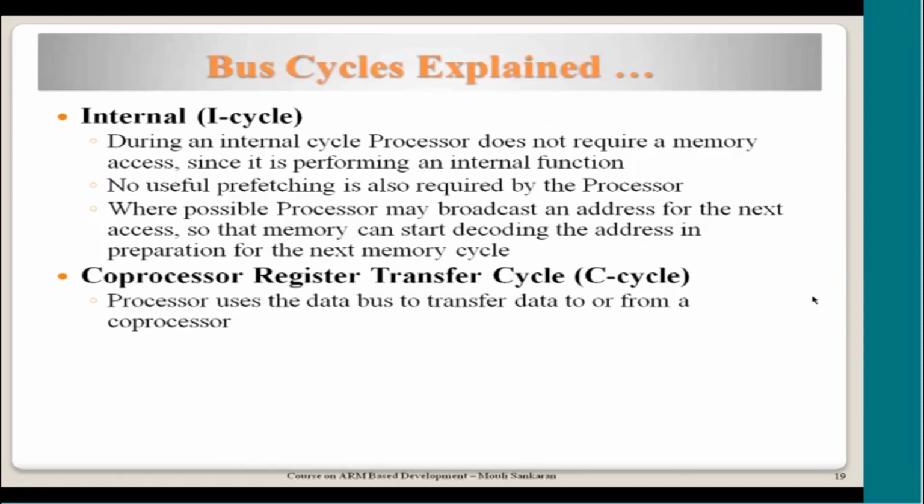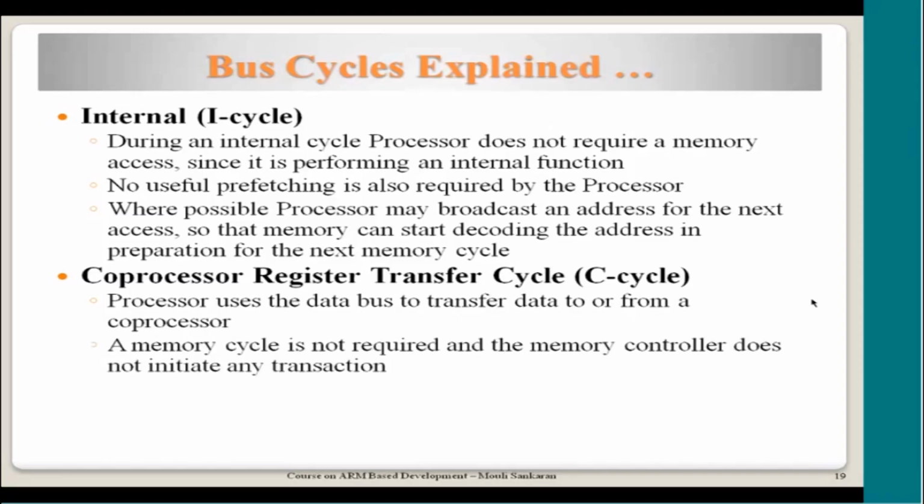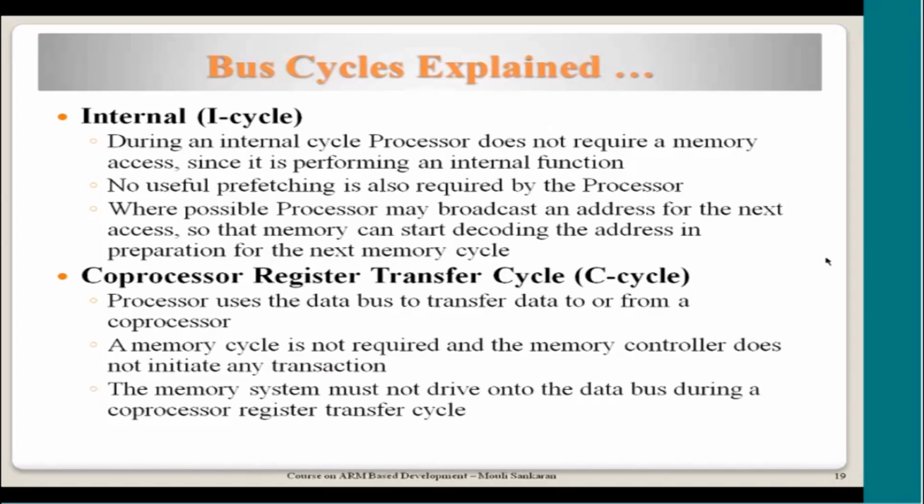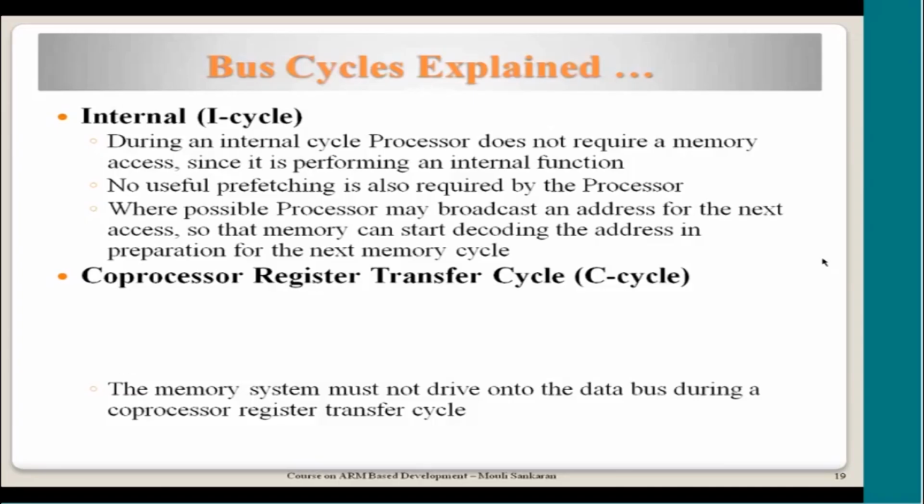For the coprocessor register, as I told you, there could be a coprocessor connected to the processor, and the transaction may be between the coprocessor and the processor. So memory needs to be discontinued, or it should not drive any signal on the bus. Okay, so these are all the details about bus selectives.